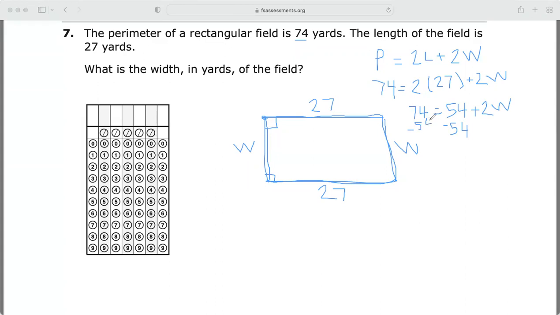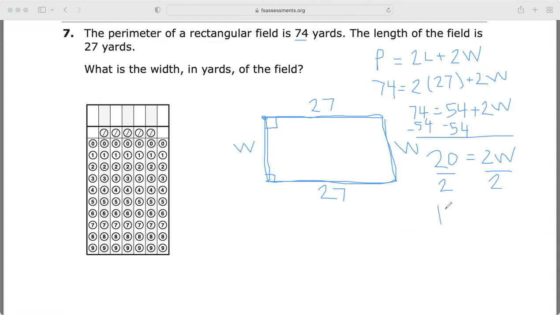I'm running out of room. Okay, so 74 minus 54 is just 20. 20 equals 2W. Okay, and then we're going to divide both sides by 2.